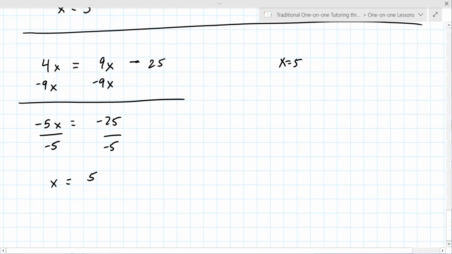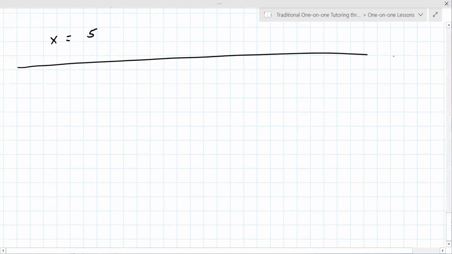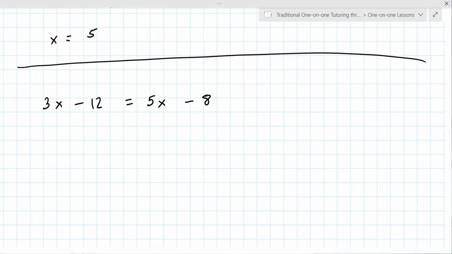Okay, so now we're just going to increase the difficulty a little bit more. We're going to start putting numbers on both sides of the equation. So we have numbers and letters on both sides of the equation. Okay. But it's the same process. You're going to move the variables left.